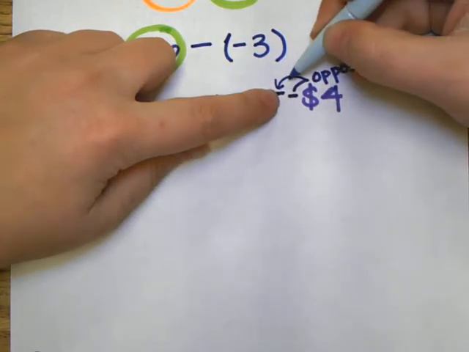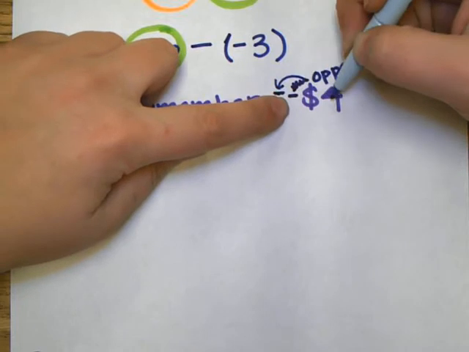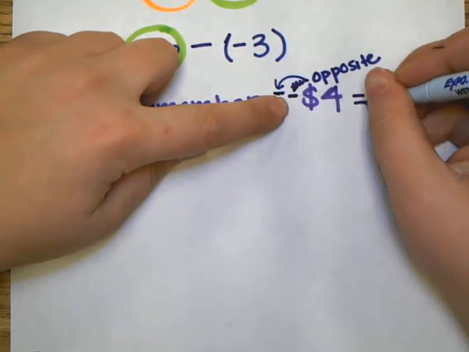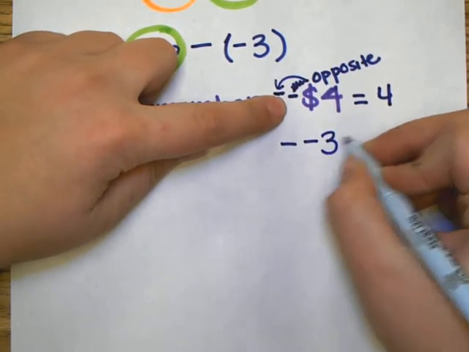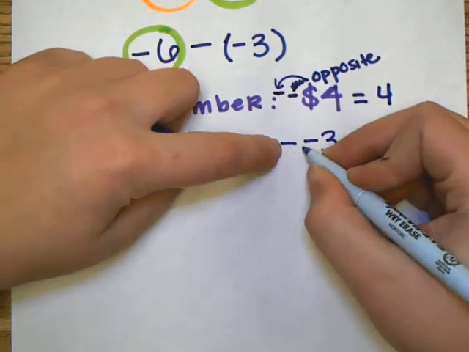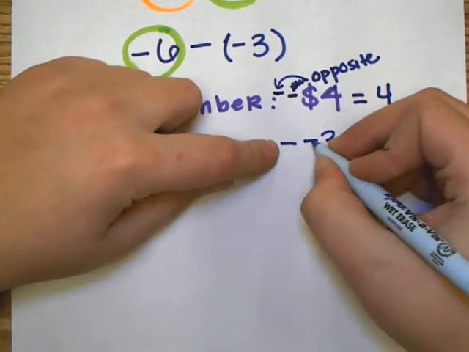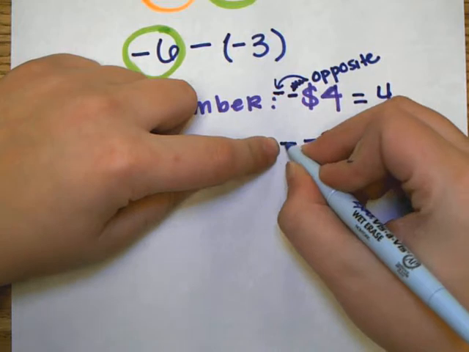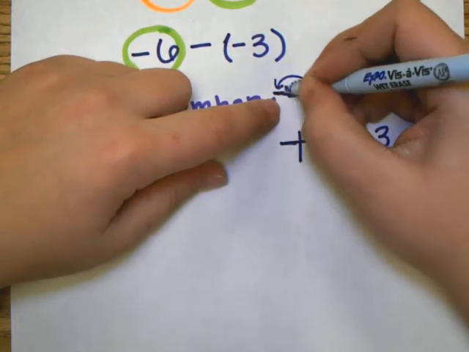The opposite of -4 is 4. So the opposite of -3 is +3. When you see two negatives like that, it will actually make a positive.